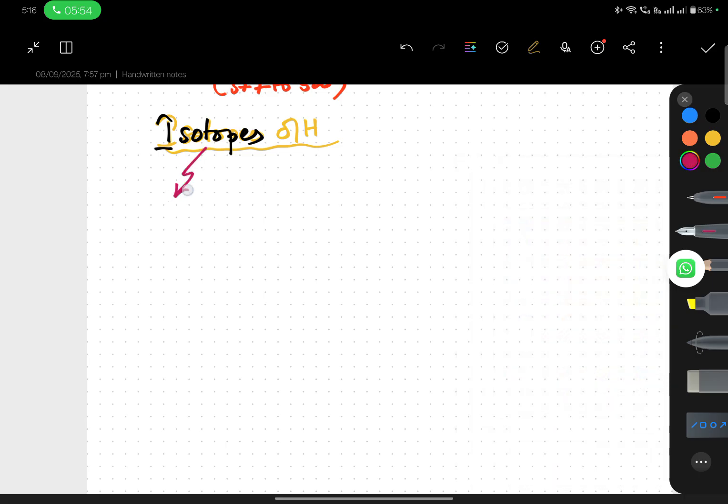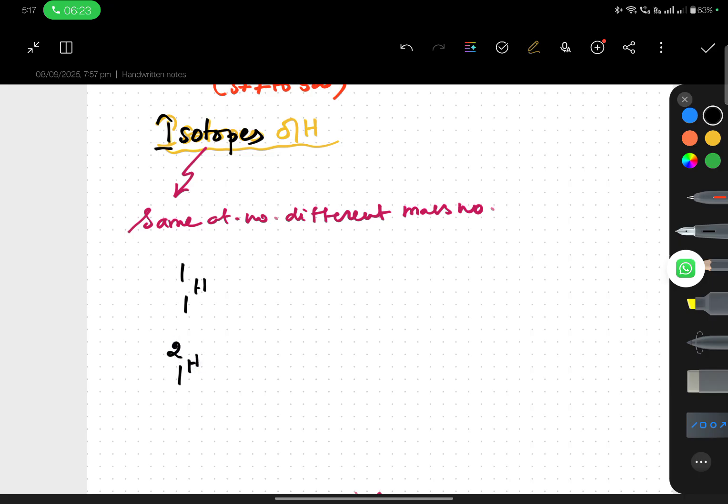Write down. It is the same atomic number but different atomic mass. Very good. Same atomic number, different mass number. So hydrogen can exist as 1H1, 1H2, and 1H3.